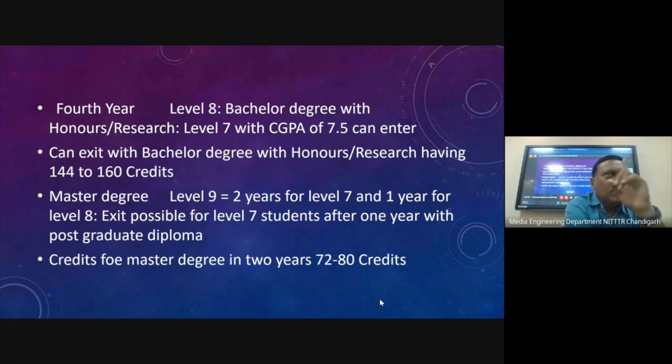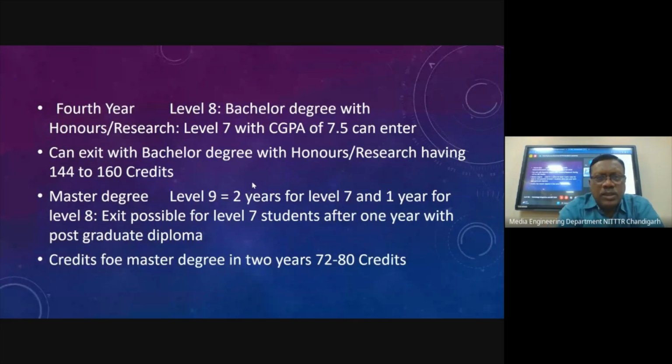If you have the 4 year bachelor degree, then your master degree will be only 1 year. But if after 3 years you are doing a master degree meant for 2 years, then after 1 year of master degree you can also come out with a PG diploma certificate. The PG diploma, which UGC earlier had as a 2 year program, is now 1 year. Remember, after graduation, you can have a PG diploma in 1 year.